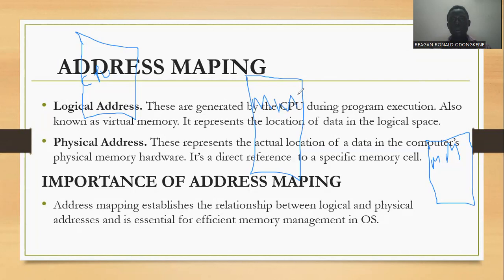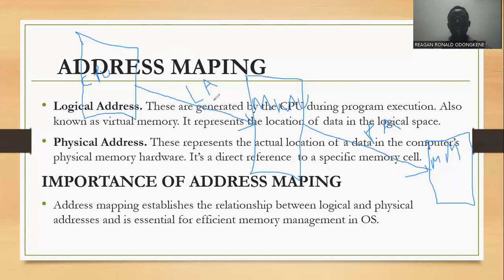MMU. And then the CPU here generates the logical address. And then here in the main memory, we have our physical address.